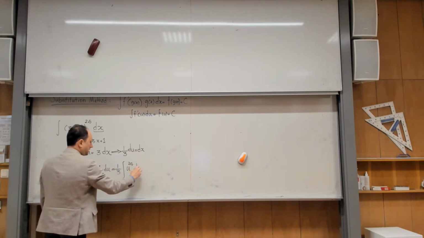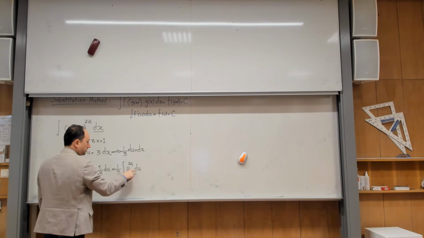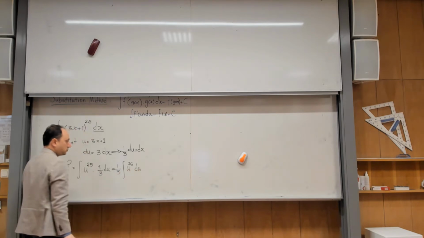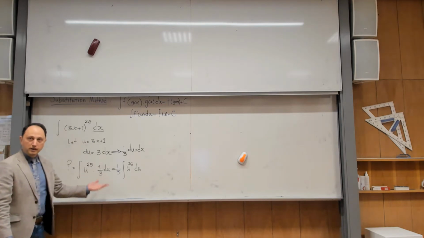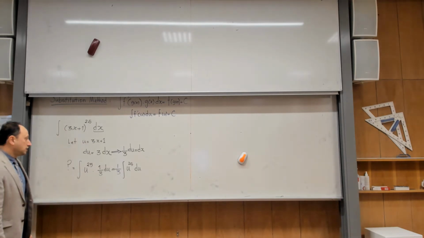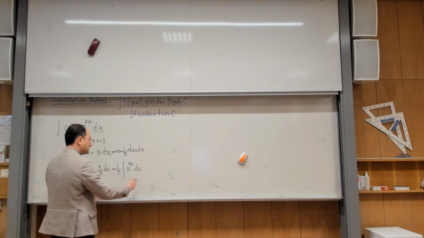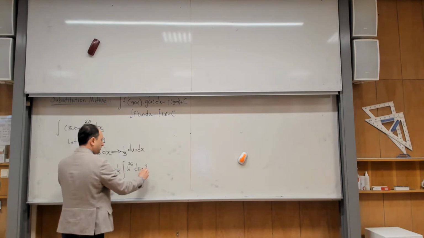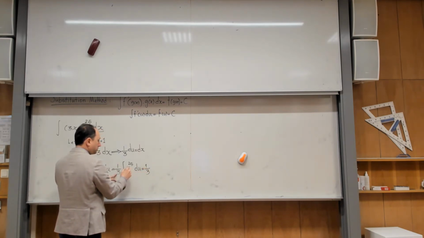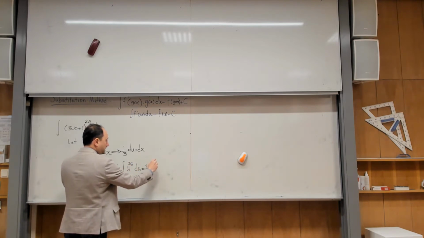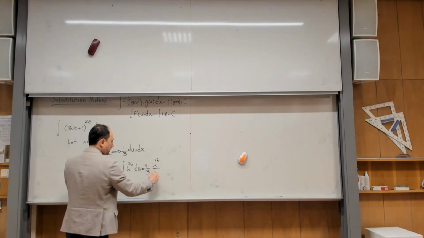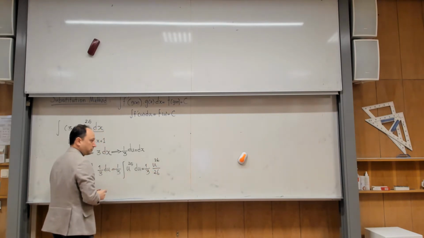The point is that here u is my variable, because you see it is du. It means u is indeed my variable, so it's playing the role of x. Now you know how to find a primitive function for this. You have 1/3, and a primitive function for u to power 25, if u itself is your variable, is u to power 26 divided by 26, assuming that u is simply x.